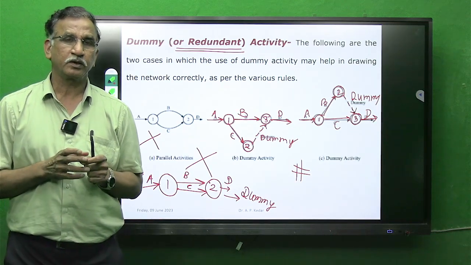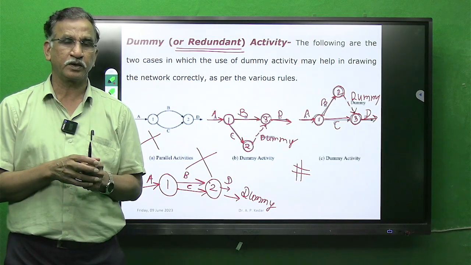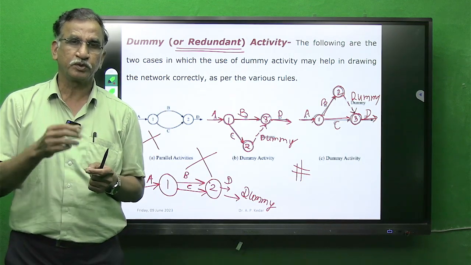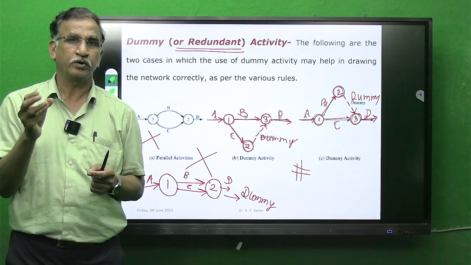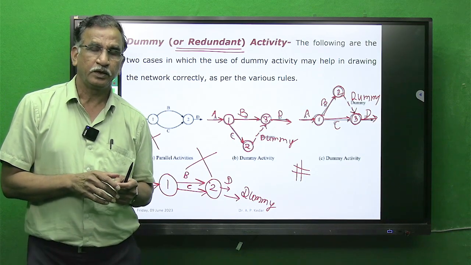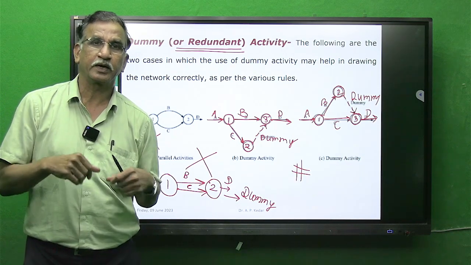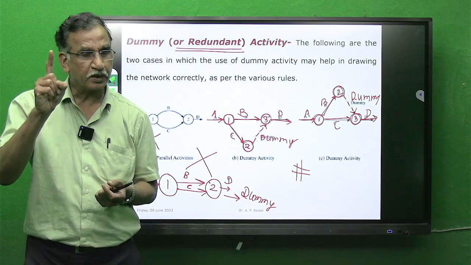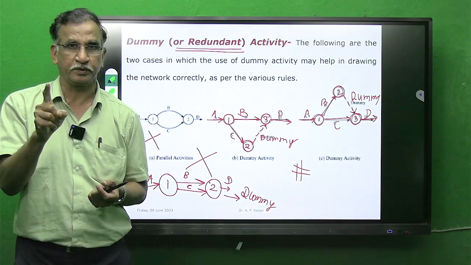In a simple network where no dummy is required, I have seen students putting 3, 4, 5 dummy activities unnecessarily in the network, making it more complicated. So you have to be very careful when to use a dummy.